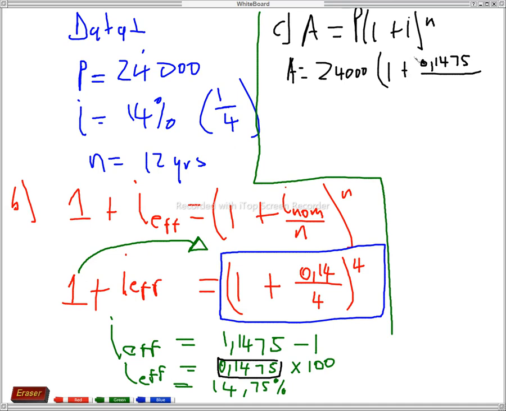It was quarterly, right? Divided by 4, and the number of years does not change, so it's going to be 12 multiplied by 4, which gives 48. So the number of periods there is 48.